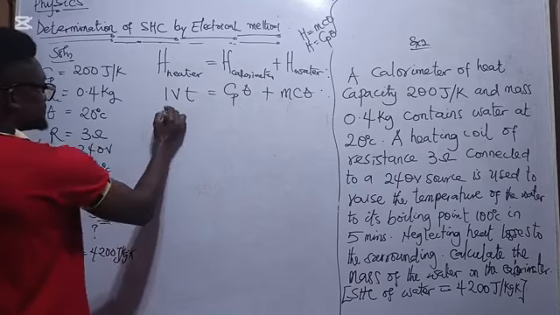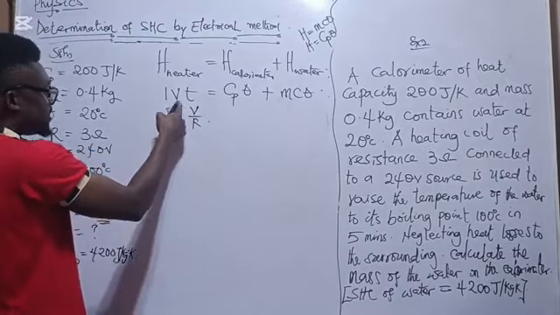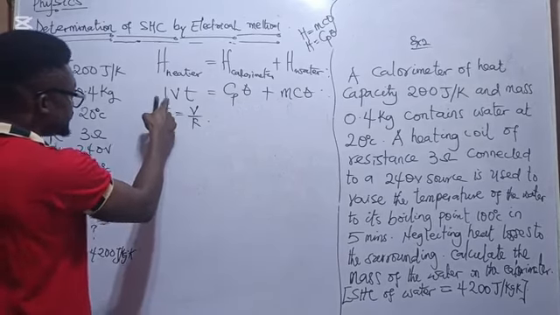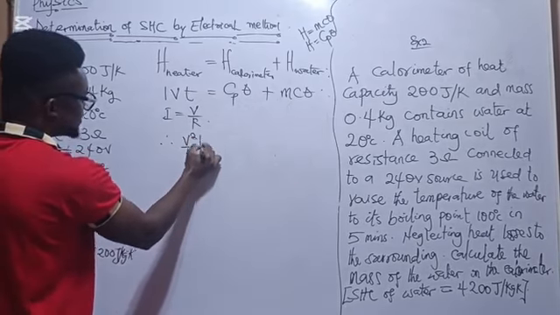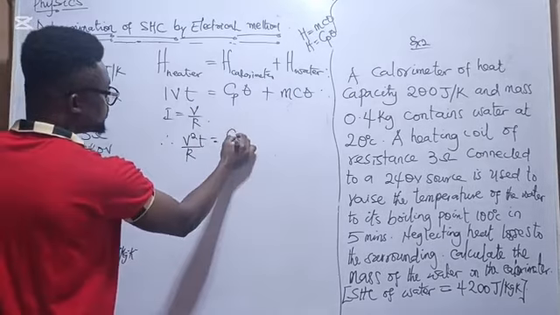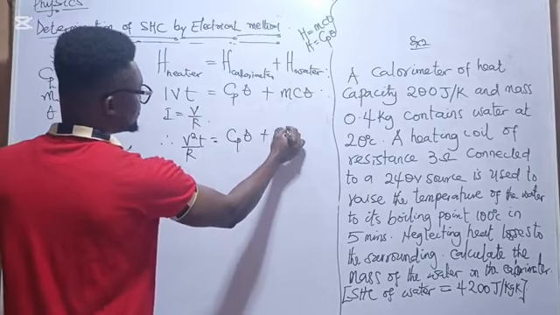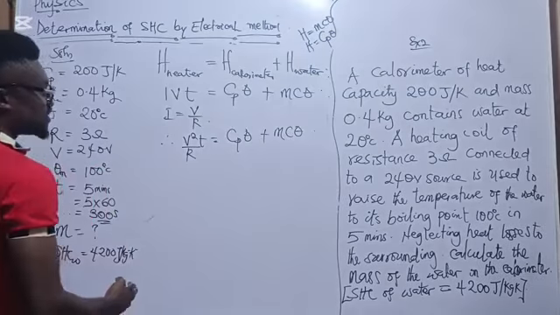We know that current is equal to voltage over resistance. So if we replace this current with V over R, then we are going to have V over R times V, which gives V squared over R, then times time, equal to the heat capacity of the calorimeter times temperature difference, plus the mass of the water times the specific heat capacity of the water times the temperature difference of the water.